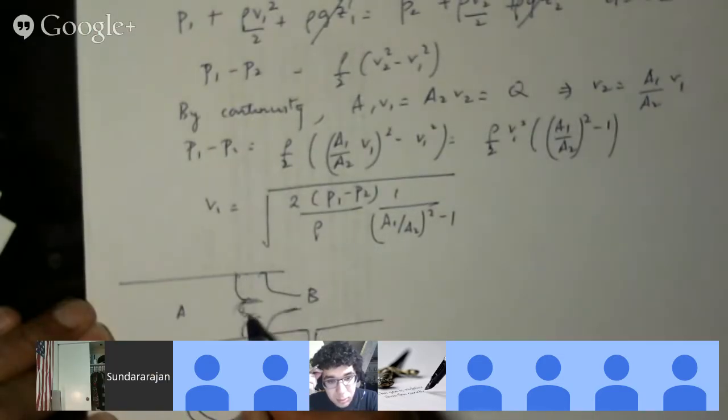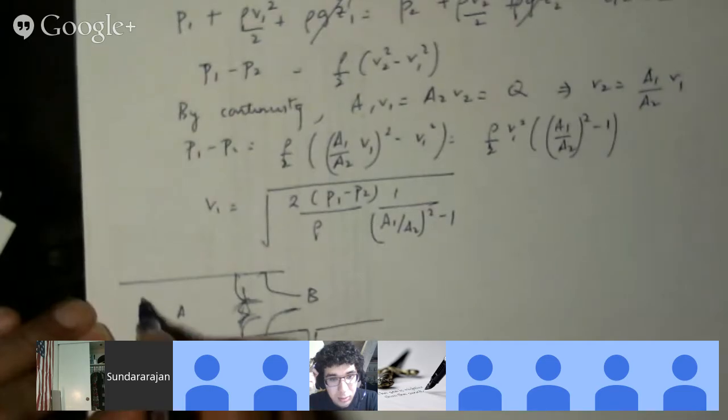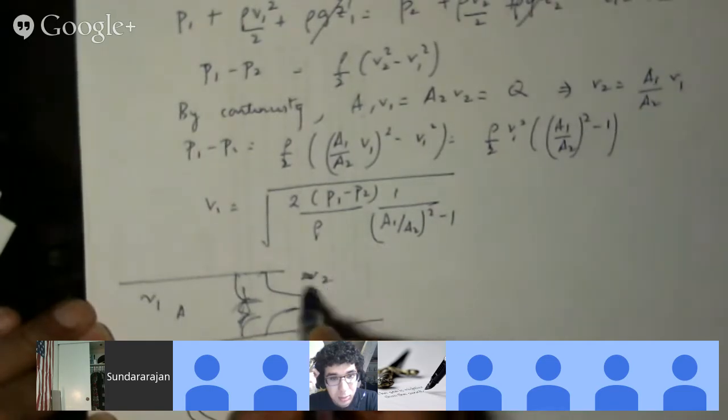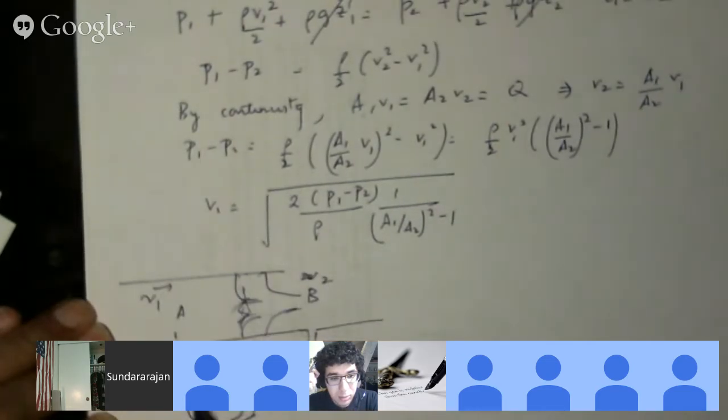Okay, fine. So this is velocity V1, velocity V2. Here is the mercury. Let me call this Z, and this is H. This H is given.